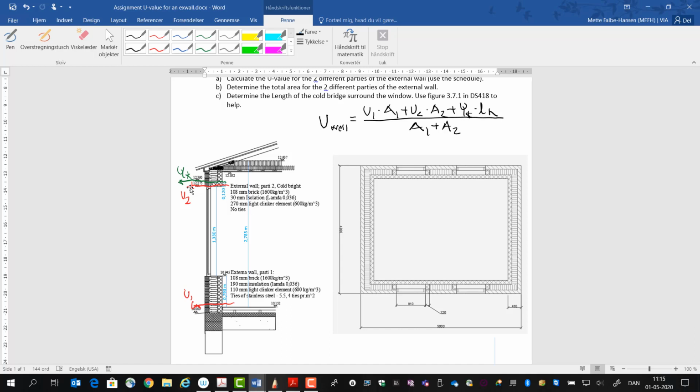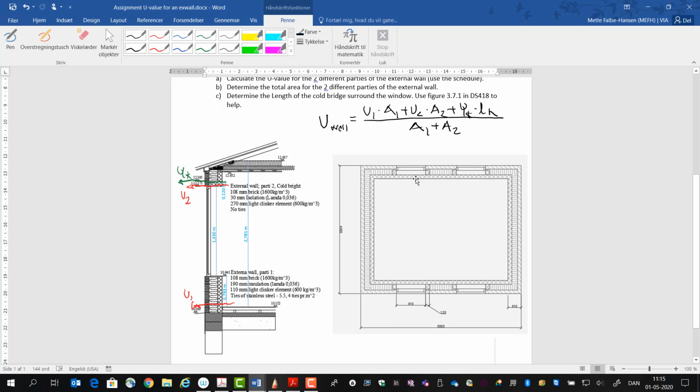So the way I would do it is I would first find the area of the window, and then I'll find the area of the core bridge, and then I'll find the area of the whole wall with the windows and core bridges, and subtract these from it to get U1.